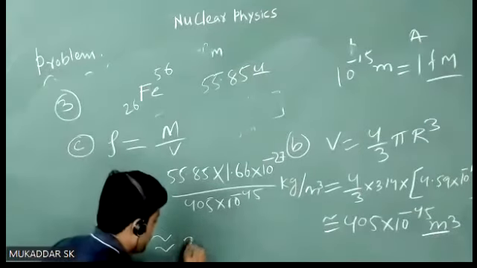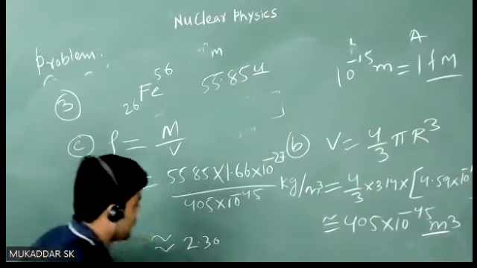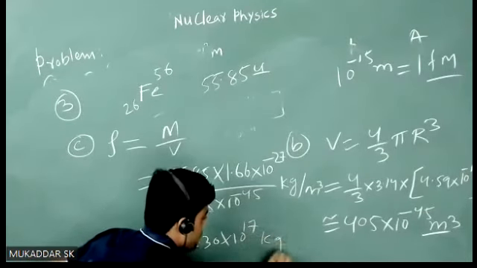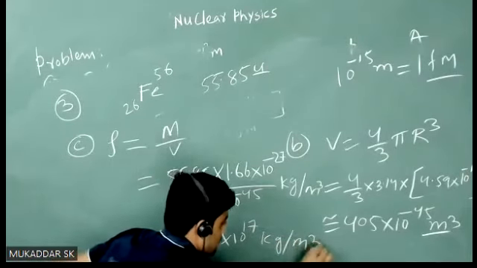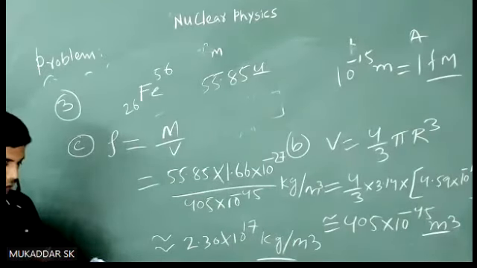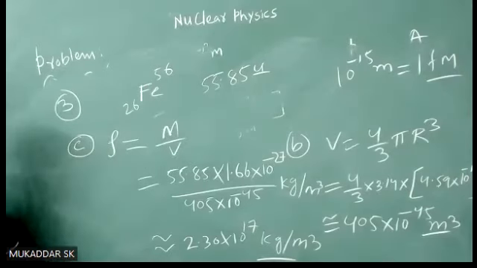Very good. Yes, sir, kg per meter cube. Into 10 to the power 17 kg per meter cube. Okay. If you have completed this part, then we can proceed to the next part.